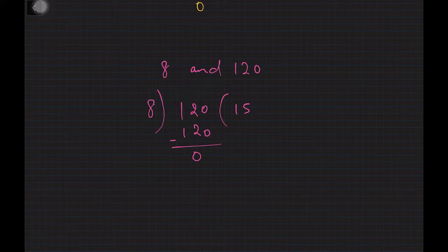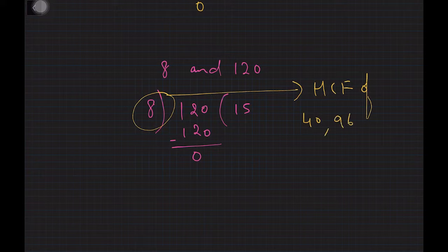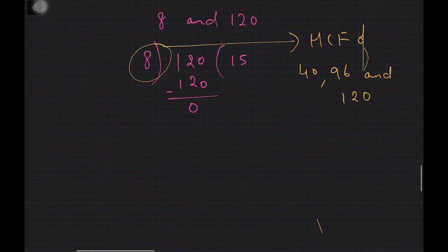Since 8 divides 120 completely and we get 0 as the remainder, the division process is stopped, and the divisor of this last step, the step where you get remainder as 0, that divisor will be the HCF. So the number 8 will be the HCF of 40, 96 and the number 120. So no matter which method you use, you will get the same HCF.